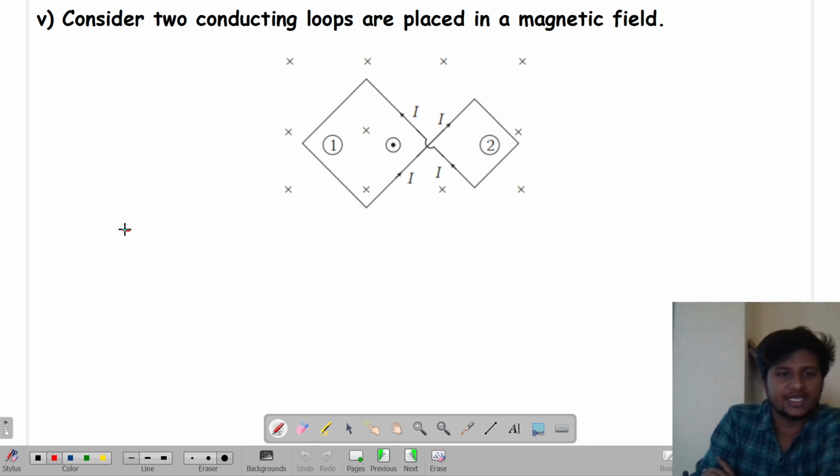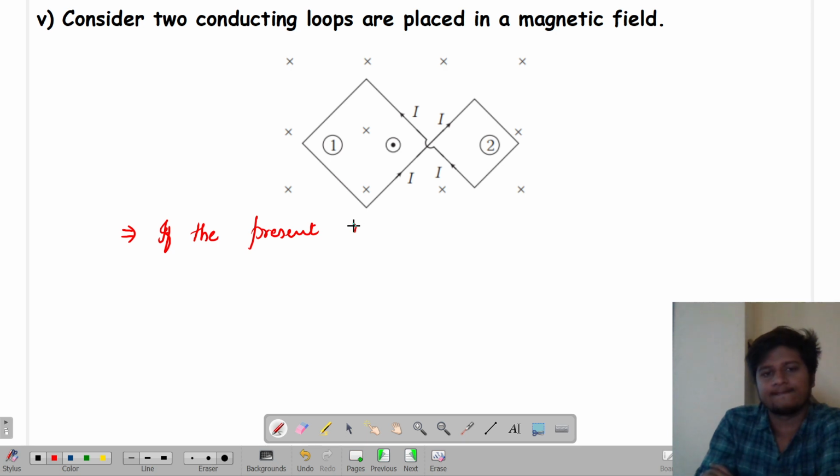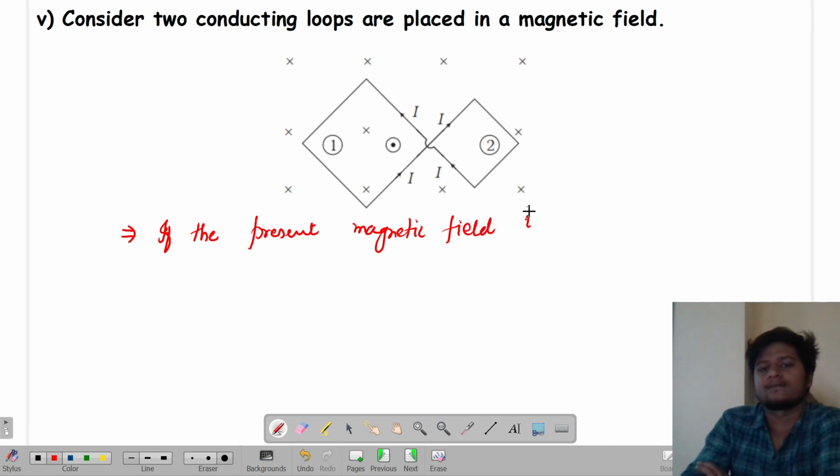Now, the question is, if the present magnetic field increases, then what should happen?